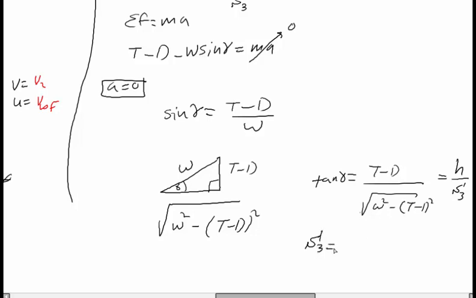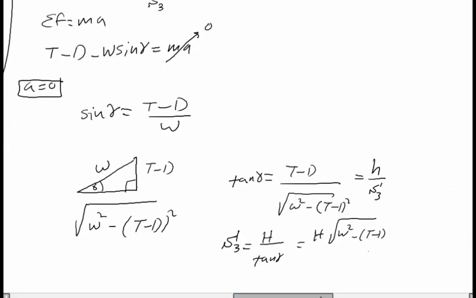It will be equal to H over tan gamma, which equals H times the square root of W square minus thrust minus drag square, over T minus D.